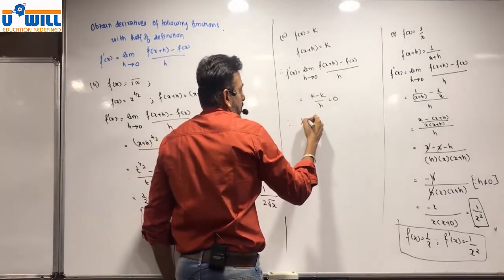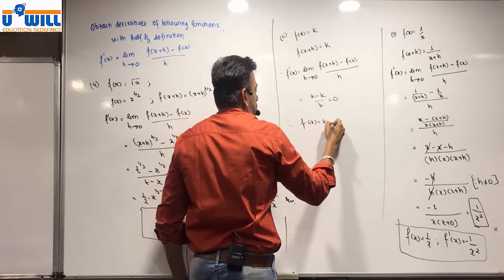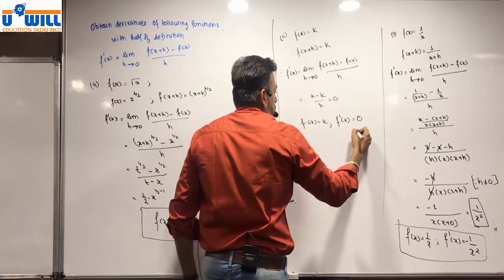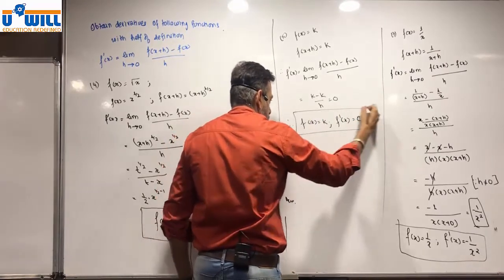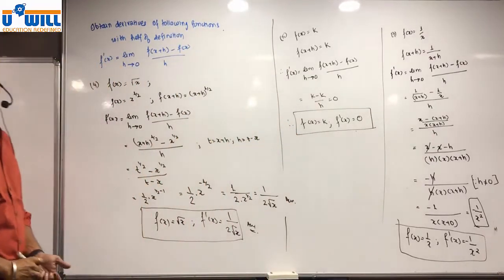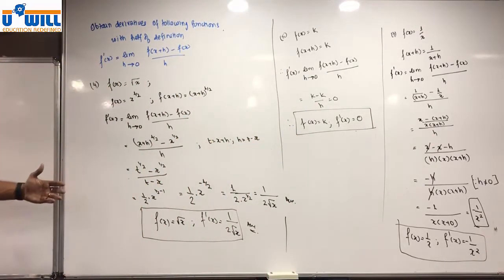Therefore, function of x is equal to k. So derivative of function of x is equal to 0. Extremely important rule. Extremely important. ये सब illustrations है टेक्स्ट बुक के. ओके, बहुत इंपॉर्टेंट रूल्स है.